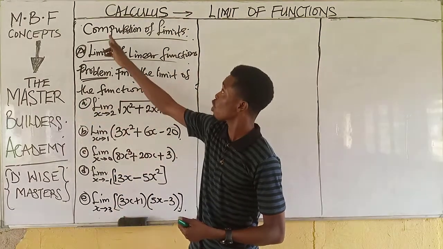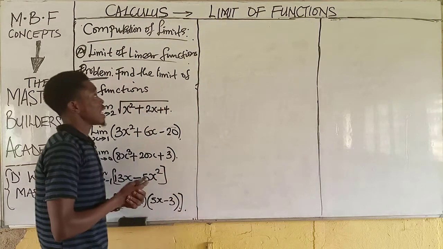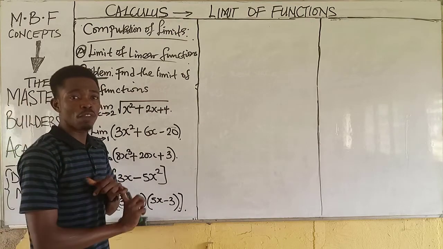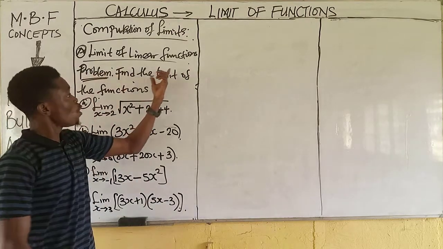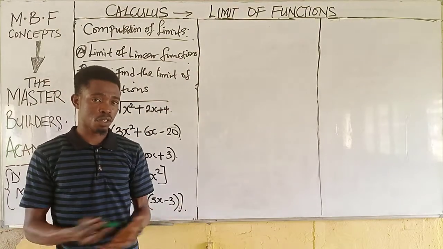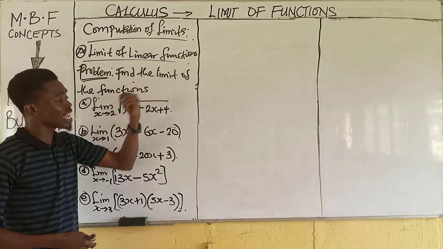On the board we have computation of limits. Earlier, in our previous lesson, we mentioned that we have computation of limits of linear functions and computation of quotient functions. So in this lesson we are going to be looking at limits of linear functions.